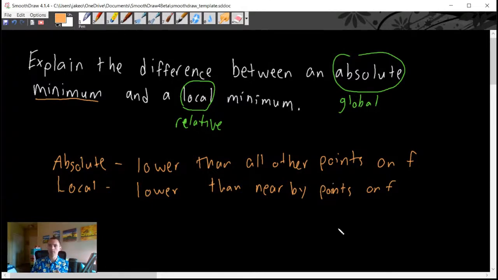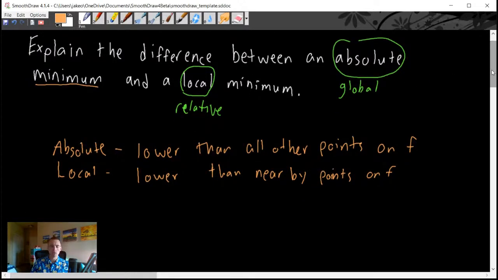Let's think about what this means from a mathematical perspective. Actually, before I get into that, one quick thing I want to point out with absolute: typically you're looking at the absolute maximum or minimum value within a certain domain, which is typically going to be given, right?